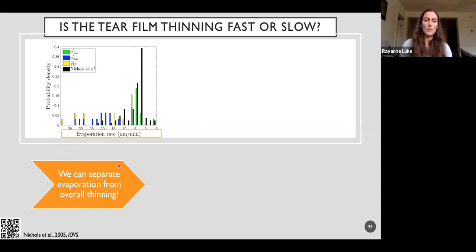So we're able to separate the effects of evaporation and flow in particular. So the first two colors here, green and blue, are from the model that excludes the Marangoni effect. And then this yellow is from a model with both the Marangoni effect and evaporation. And again, we are comparing to these point measurements that were taken in the center of the cornea.